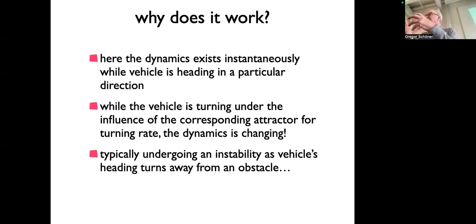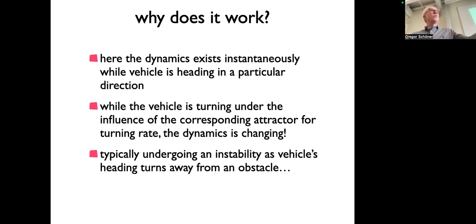And as it is turning, the bifurcation happens, right? So it's turning to avoid an obstacle, and then ultimately maybe to go around. And as it stops turning, it actually went through a bifurcation because now it's no longer in the obstacle range, right? And it's now in this range where it has returned to the attractor at 0, and that's how it goes straight.